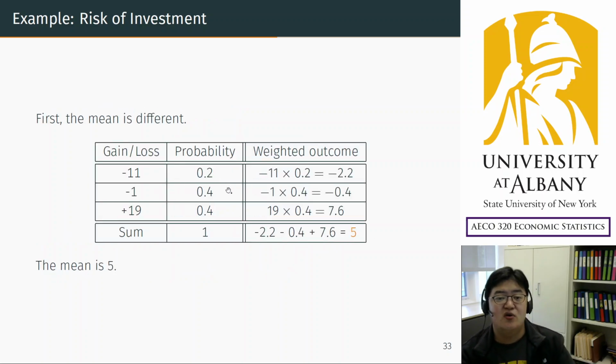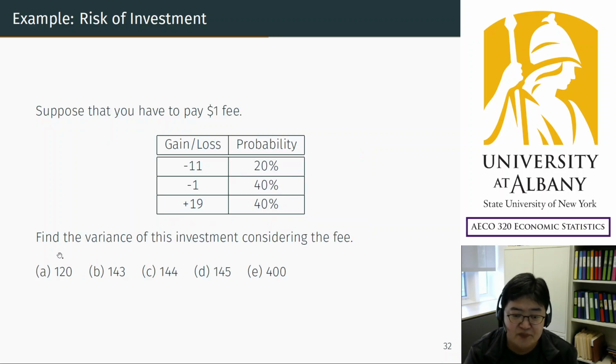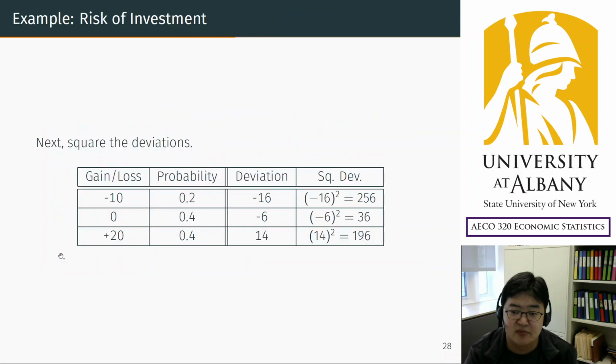First, you have to calculate the mean. It's the same process: multiply the outcome by the probability and then sum all the probability weighted outcomes. And the mean is 5. By the way, compare the mean to our previous example.